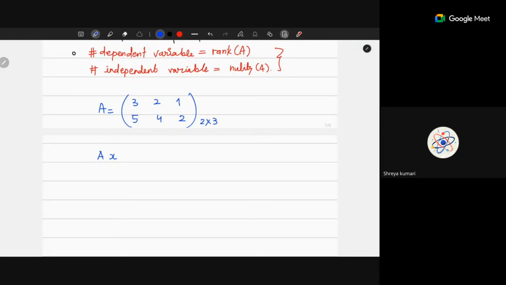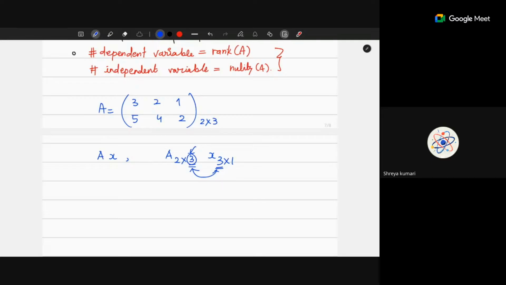While multiplying from the right hand side, we need to make sure that this number in 2 cross 3 and then this number should match. So the number of columns, which is 3, must be equal to the number of variables. If a variable is not dependent, then it is an independent variable.